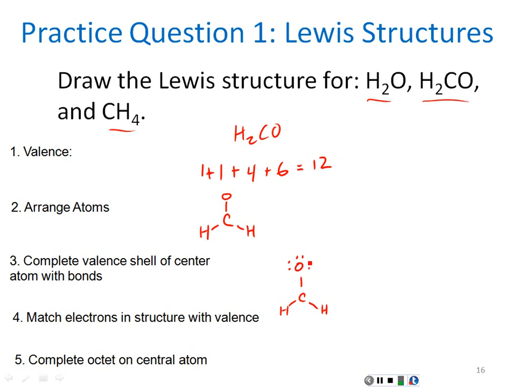So in this structure, oxygen would have a full octet, hydrogens are fine, but the center atom, carbon, does not have a full octet. So we're going to have to remove a lone pair on oxygen and make a double bond to fulfill the octet on the carbon. So this would be the final Lewis structure for H2CO.